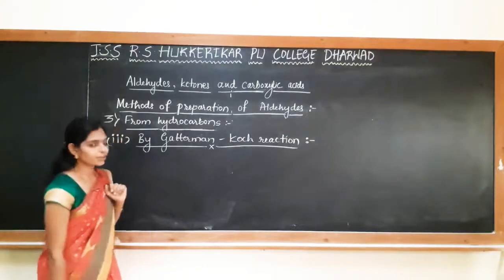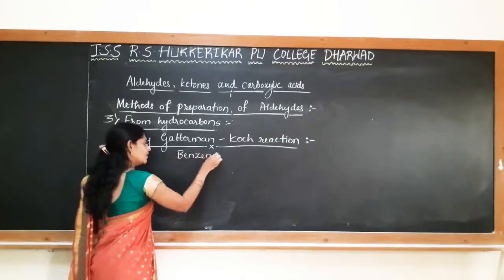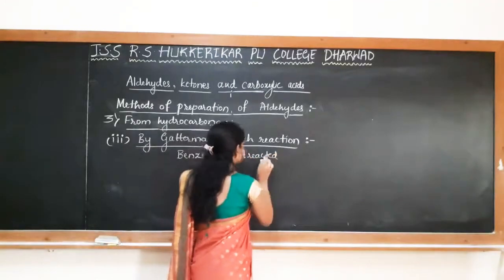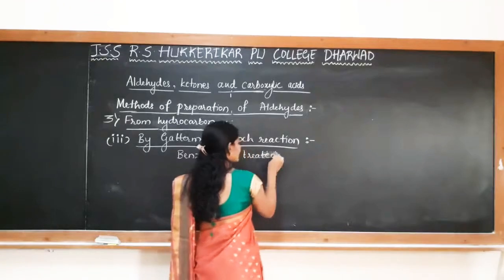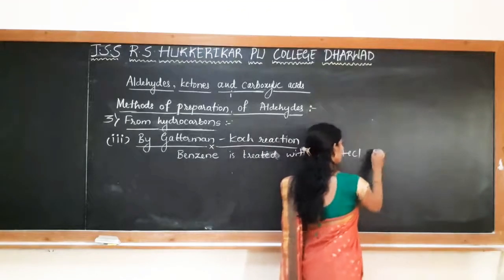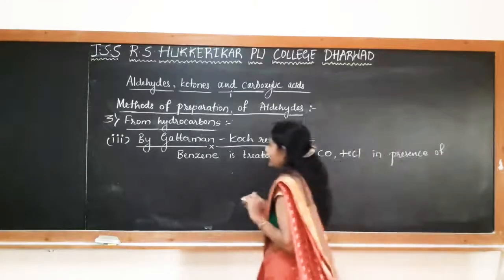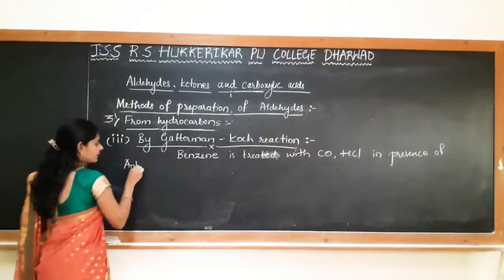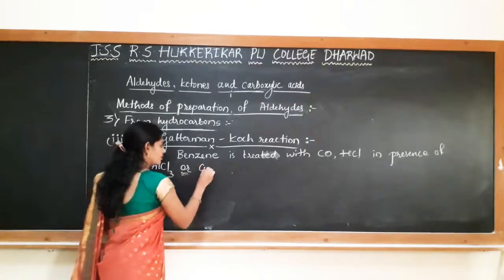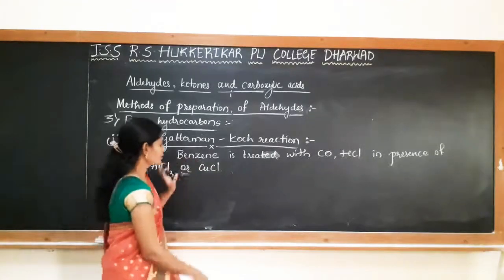So in the Gattermann-Koch reaction, what we have to take here: benzene or its derivative is treated with carbon monoxide and HCl in presence of anhydrous aluminium chloride or cuprous chloride, which acts as a catalyst. Okay, we can use either anhydrous aluminium chloride or cuprous chloride.